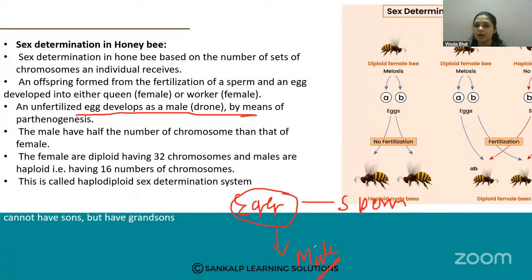So write down in the comment: are the male honeybees haploid or diploid? Yes, very good. They are haploid.